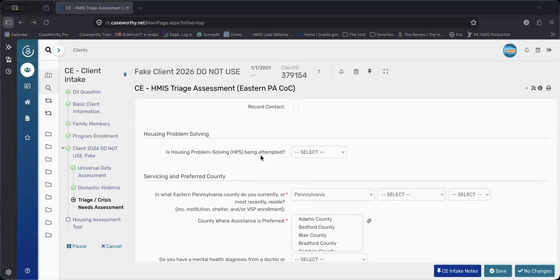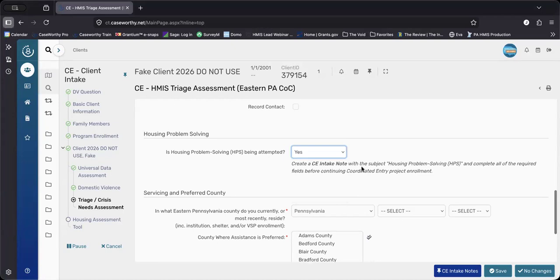We would ask that you document that by answering this question, yes or no. And if you answer yes, create a dedicated CE intake note with our custom subject line, housing problem solving, to take some detailed notes on whether that attempt was successful or not, and whether or not your organization used any of its own flexible financial assistance or any grant funding to help attempt that diversion or housing problem solving attempt.